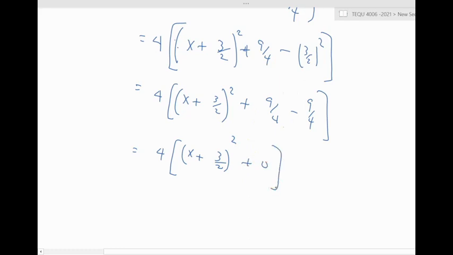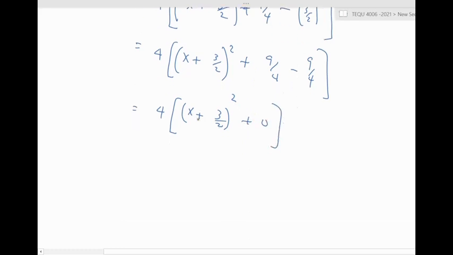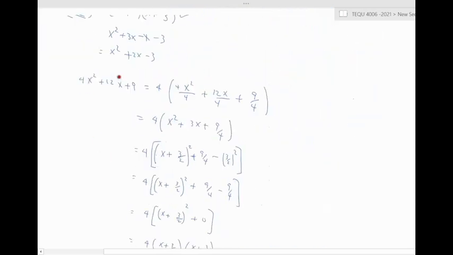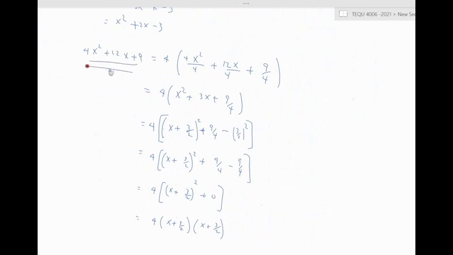What that really means is that the final result is 4 times (x plus 3 over 2) times (x plus 3 over 2). And these are the factors for that polynomial. Which polynomial? This one shown here.